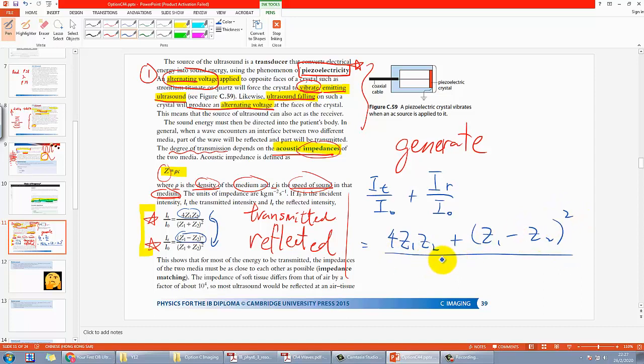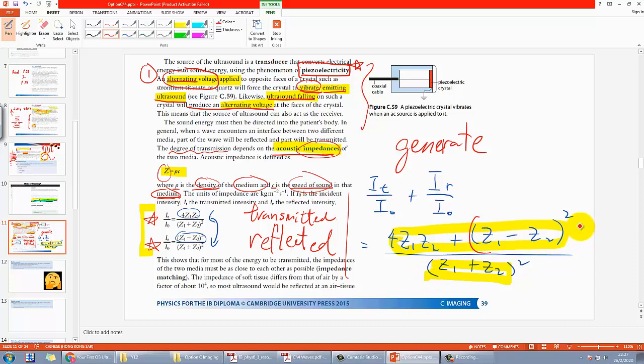At the bottom, they are both (Z1 plus Z2) squared. So as long as we can find out the top equals the bottom, then the whole fraction equals 1, right?